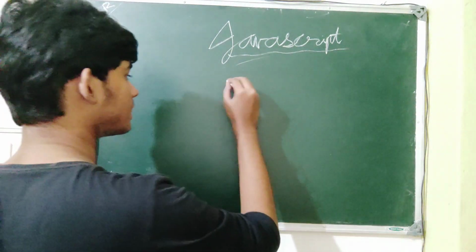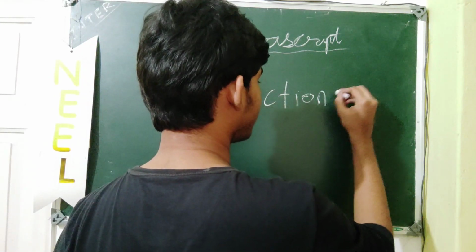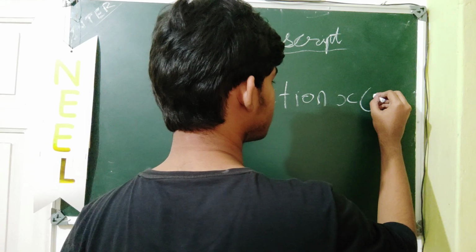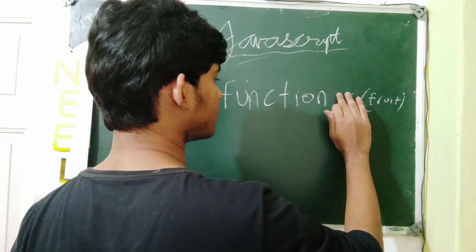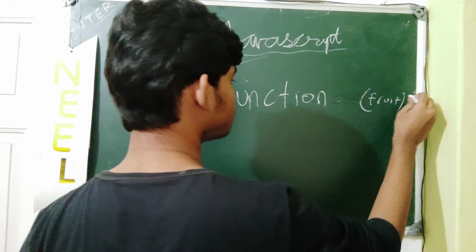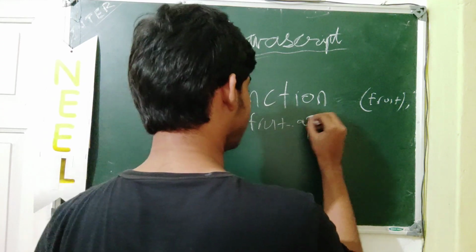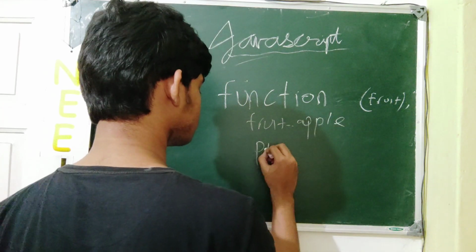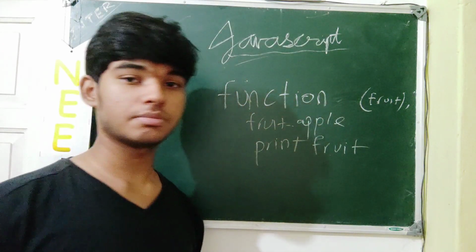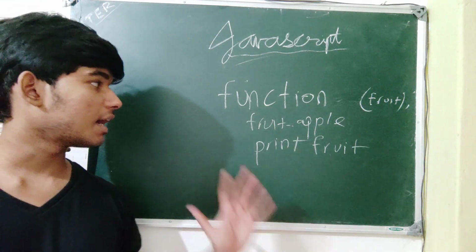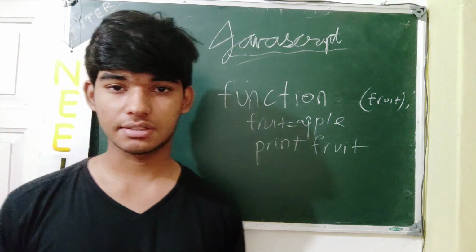So for example, if I write something like function fruit, and fruit is equal to apple, and if I ask you to print fruit, this isn't obviously how the code is written, but let us assume for this purpose that we have written a function, we have defined the function, and we are calling out the function.